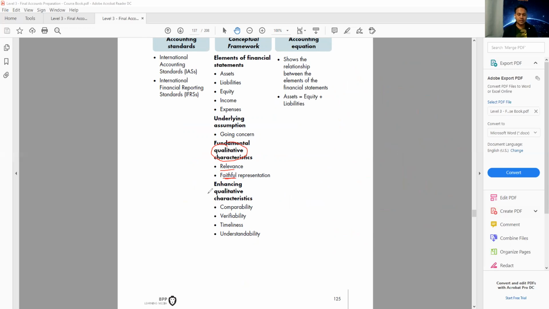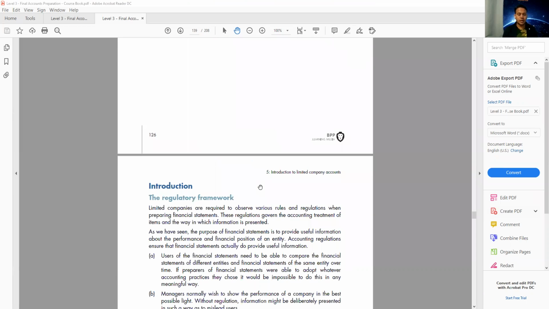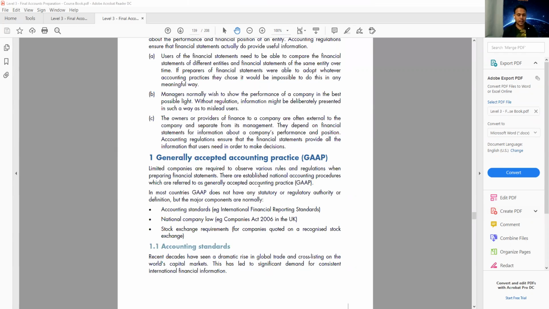Then we have some other qualitative characteristics: comparability, verifiability, timeliness, and understandability. You're going to see the meaning of that; we'll read that anyway. Okay, let's go inside the chapter and have a look because we need to complete the chapter really quick, as we want to do some real practice today.